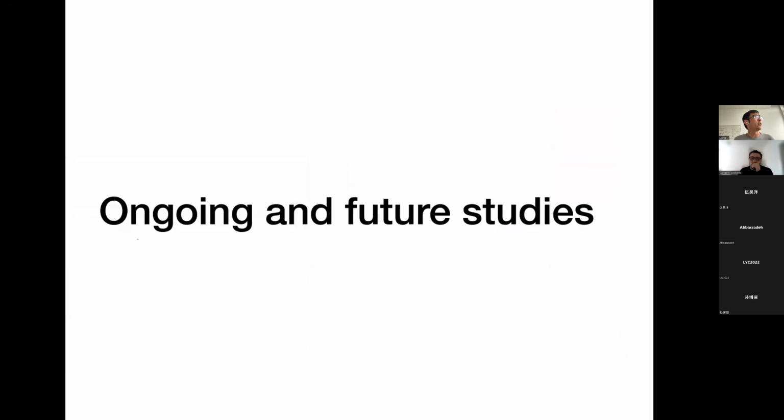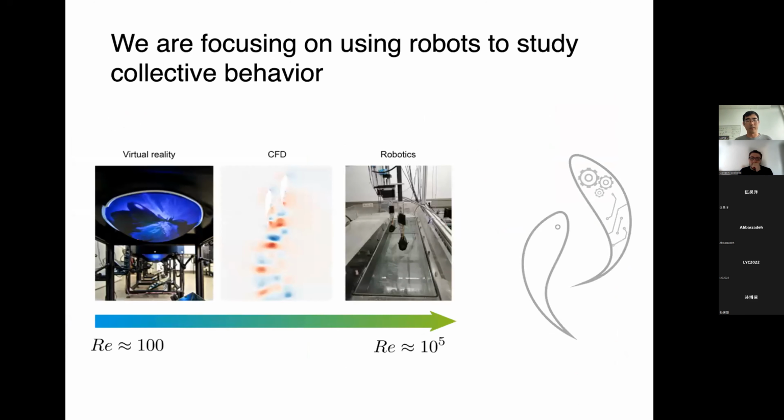So what are we doing in the future? We are a group focused on using robots to study collective behavior at different levels of the Reynolds number. With low Reynolds number, hydrodynamics is often less important than vision. So we mainly use the virtual reality system.